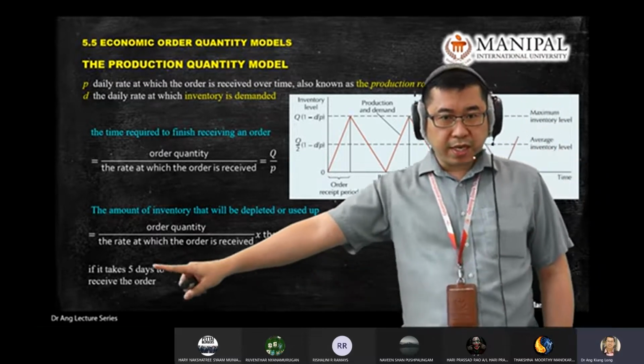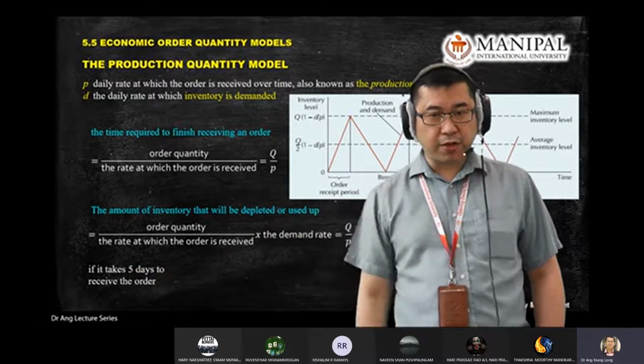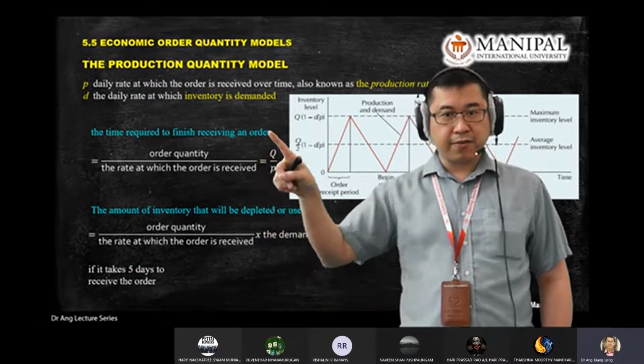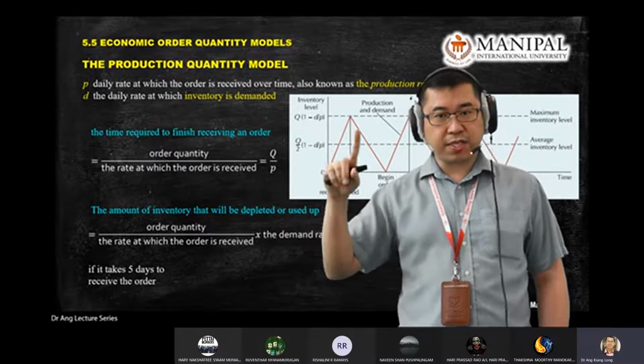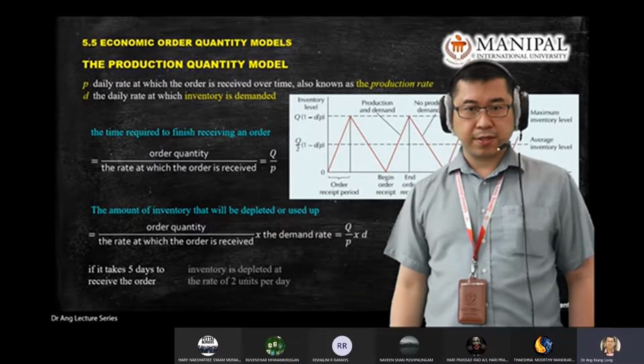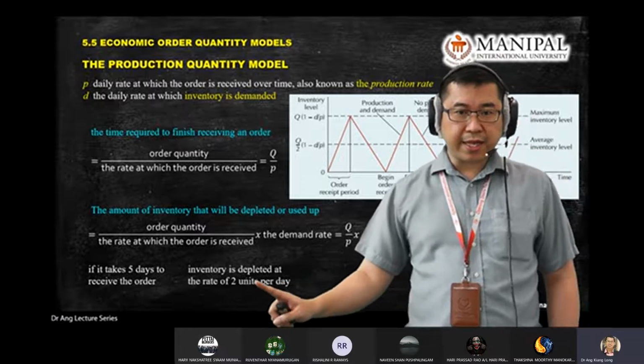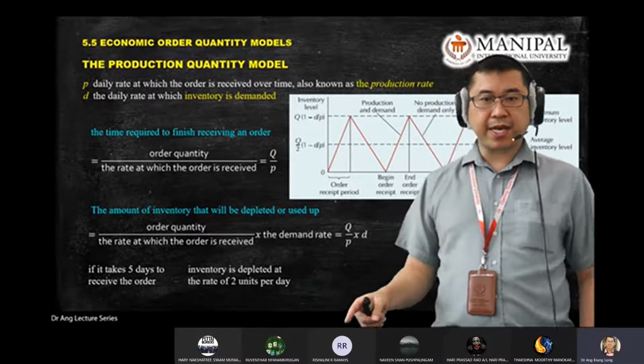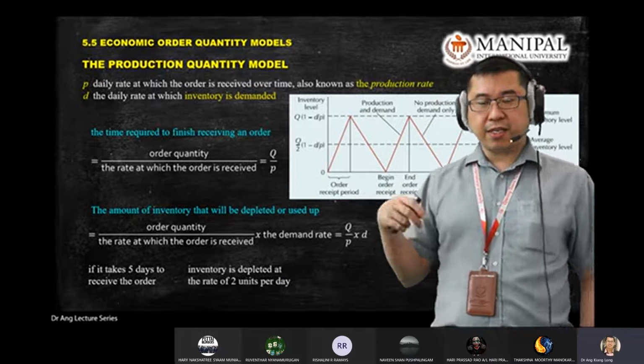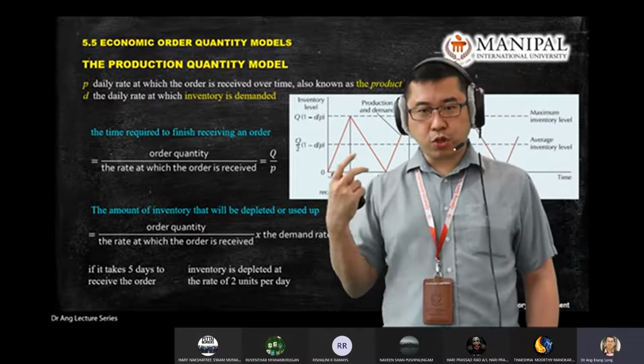So if it takes 5 days to receive the order, let's say just now you calculated for this one, it takes 5 days to receive the 100 units order. So inventory is depleted at the rate of 2 units per day. So let's say every day you use 2 units.